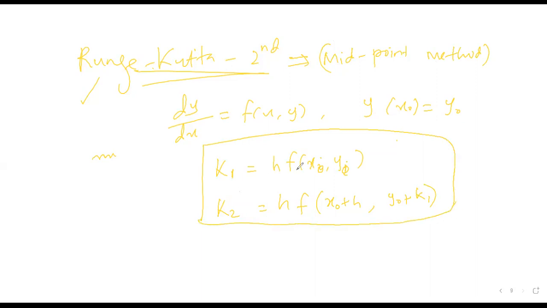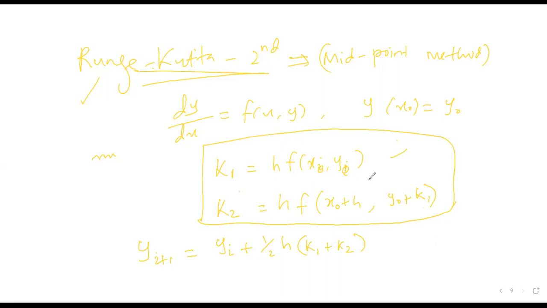K1 is h of f of x naught, y naught, first one. K2 will be h of f of x naught plus h, comma, y naught plus K1. First of all, you have to find this one, then you have to use that in here, okay? Then our next step of y will be yi plus half of K1 plus K2, called the midpoint.